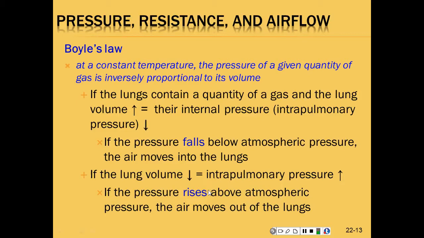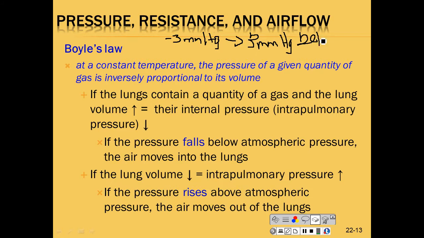When we talk about the difference between atmospheric pressure and intrapulmonary pressure, a relative pressure of -3 millimeters of mercury means that we have 3 millimeters of mercury below the atmospheric pressure.